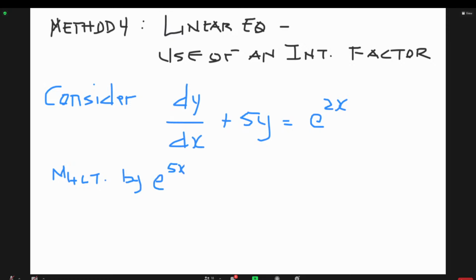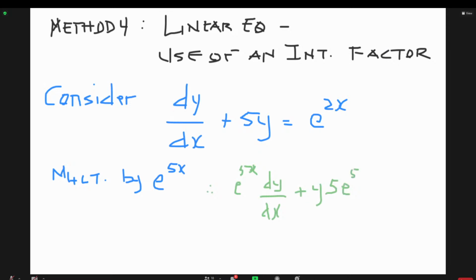So therefore e to the 5x dy/dx plus y times 5 e to the 5x.